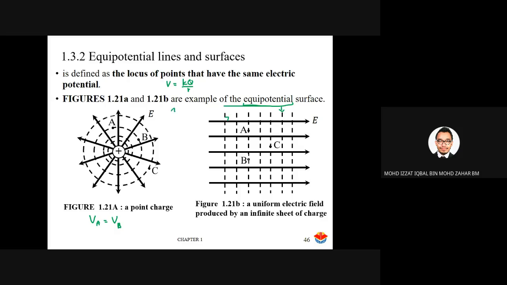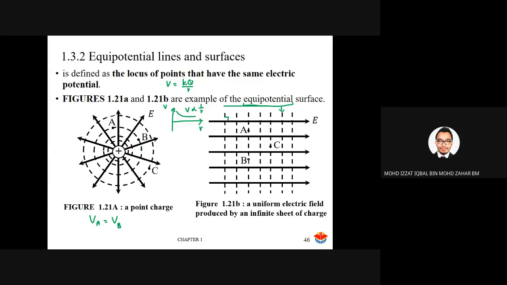So let's say I want to draw a graph of potential against distance R. Initially it is positive, and then as the radius is increasing, the potential is decreasing. So the relation is actually in this case 1 over R. As it goes further away, the potential will be decreasing.